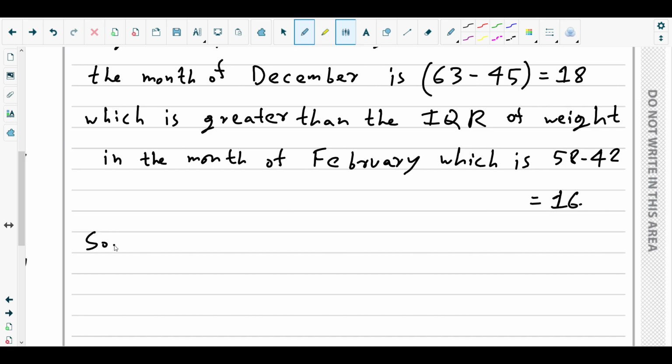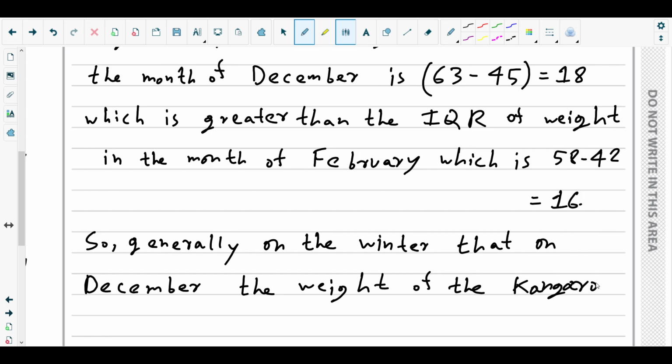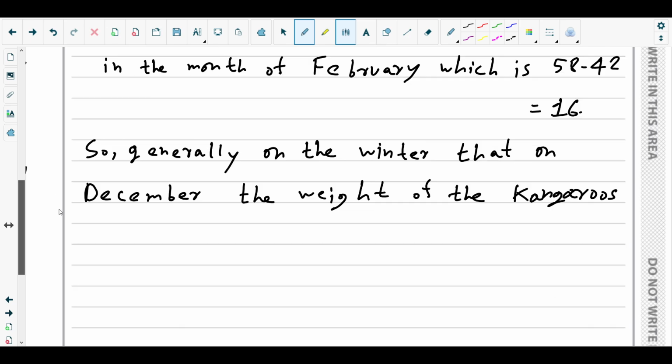So generally in winter, that is in December, the weight of kangaroos varies more.